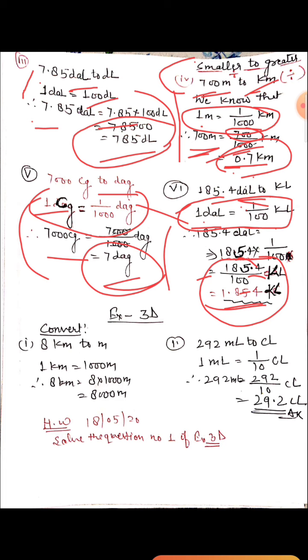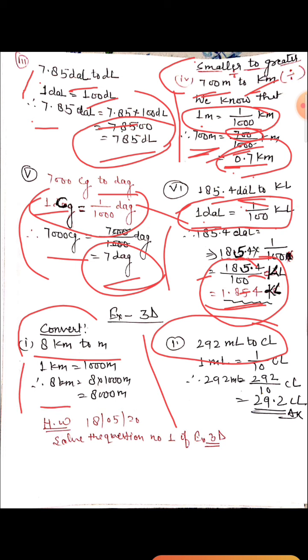Now some questions we also solve from exercise 3D. This is the first question. Convert 8 kilometer to meter and 292 milliliter to centiliter. If you know the table, and I repeat many times, if you know the units, you can easily solve. 1 kilometer is equal to 1000 meter, then 8 kilometer is equal to 8 multiplied by 1000, which is 8000. And 292 milliliter to centiliter is smaller to greater.